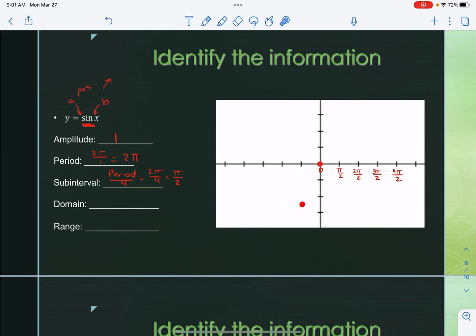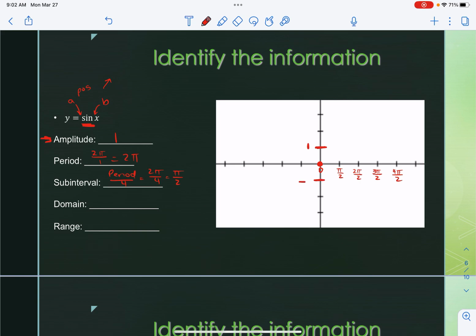Remember that I said at the beginning, this is an oscillating graph. If it's oscillating, that means that it has to go up, down through the x-axis, down, and then back up. But the highest and lowest it can go is 1 and negative 1.